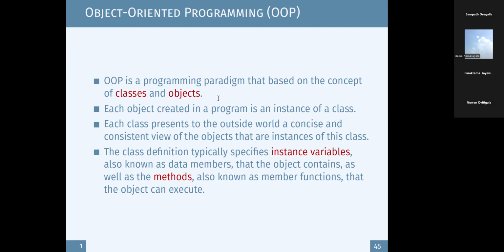So when we talk about classes, we normally talk about variables. That means the data items that we want to keep. If you take a student class, we can have things like your name, registration number. They are called instance variables. Then you perform different things like you study, you sit for the exam.